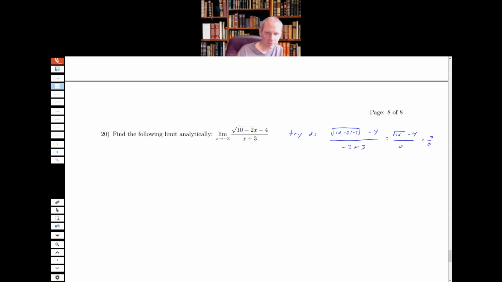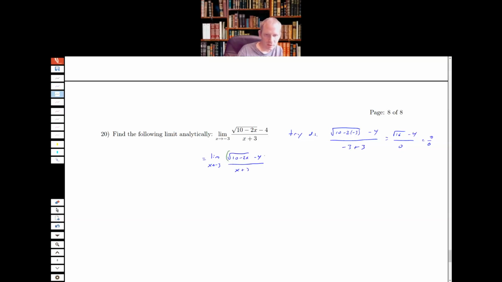Just like the last problem, it's not a polynomial, so I can't factor it. So what we're going to do instead is say that this is equal to this new limit, and I'm going to rationalize the numerator by multiplying by a conjugate.